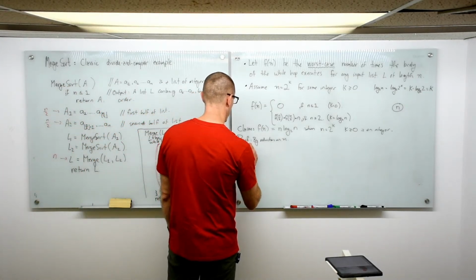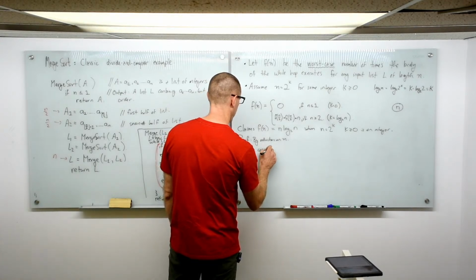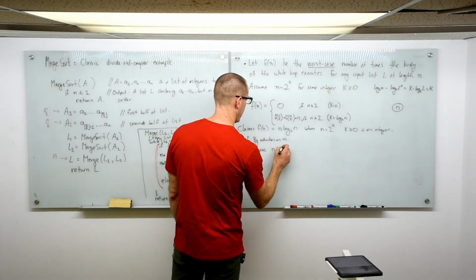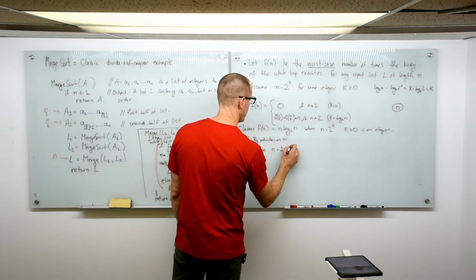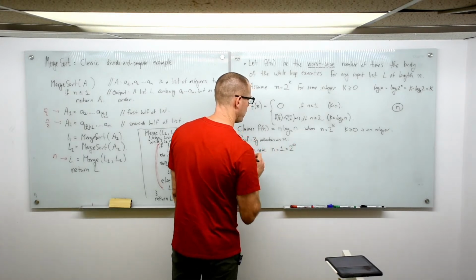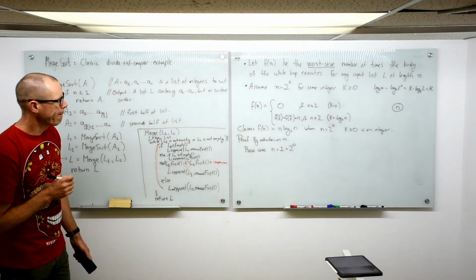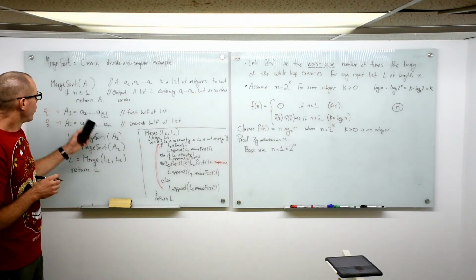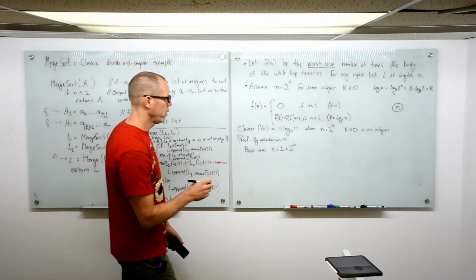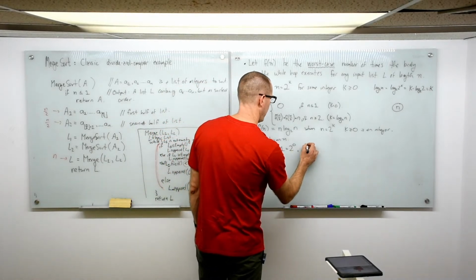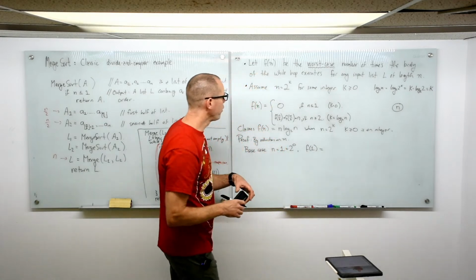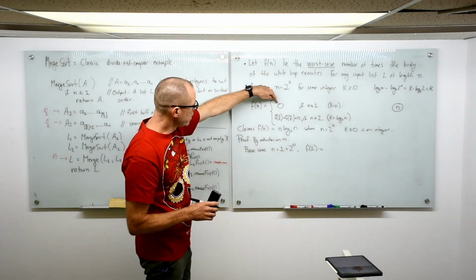So let's try the base case. The base case is when n is equal to 1, which is equal to 2 to the 0. Well, then we've already seen that f of 1 by definition is 0.